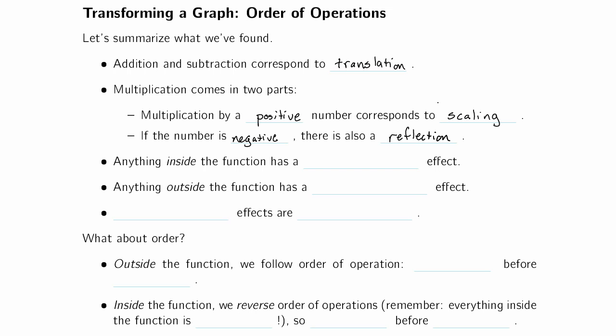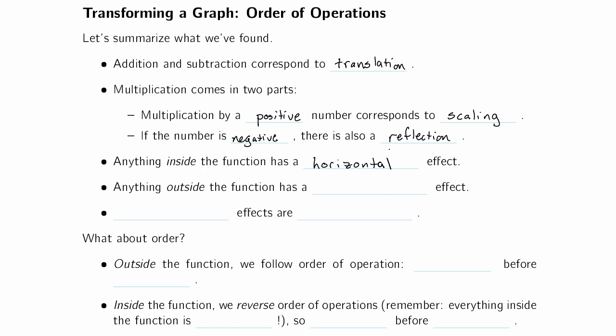When we're parsing these things, we're actually going to handle scaling and reflection at the same time, because both of them involve multiplying a coordinate by something. Anything that's inside the function, so anything that we do to x before we apply the function, has a horizontal effect.